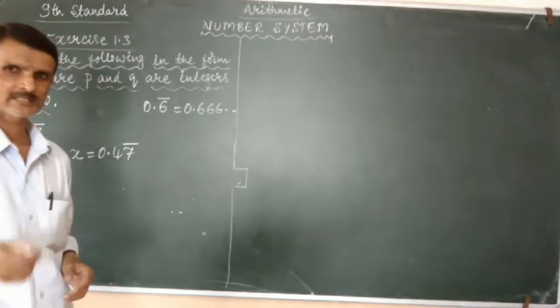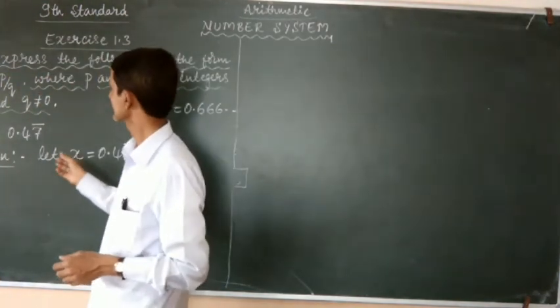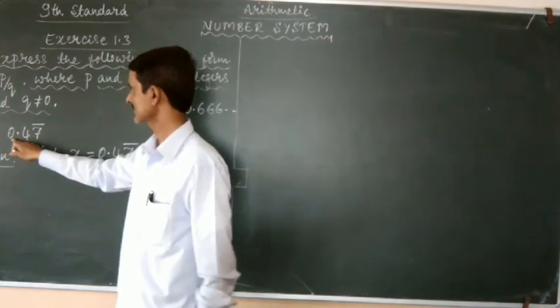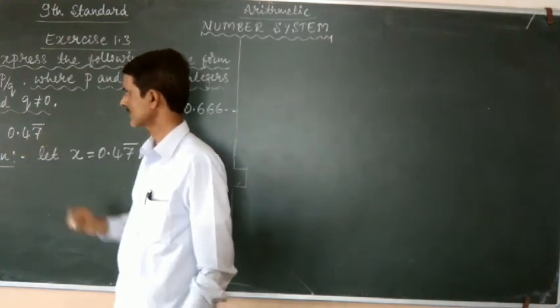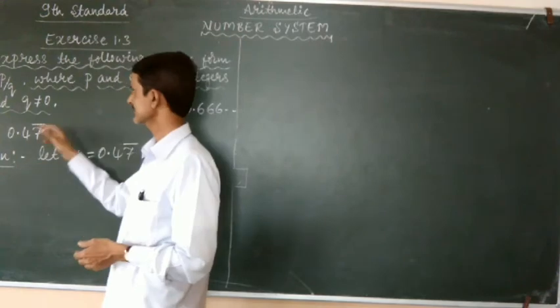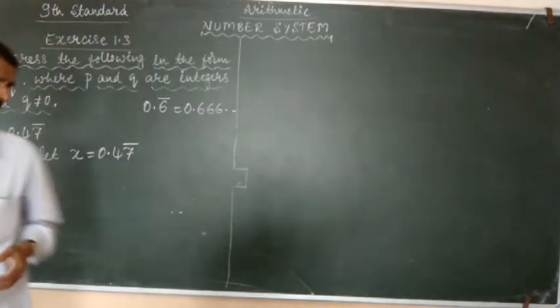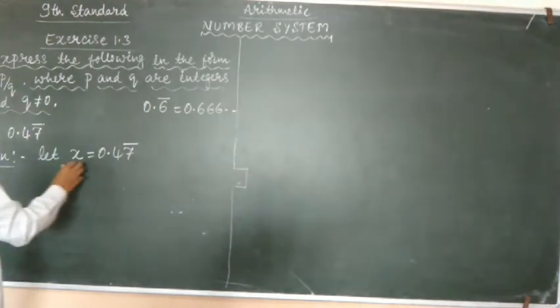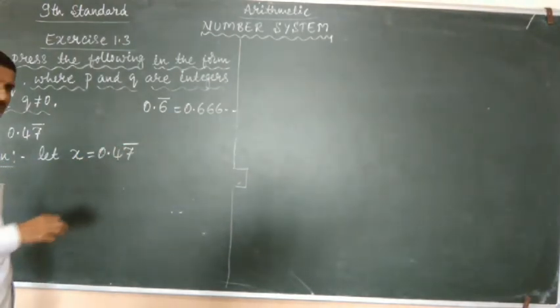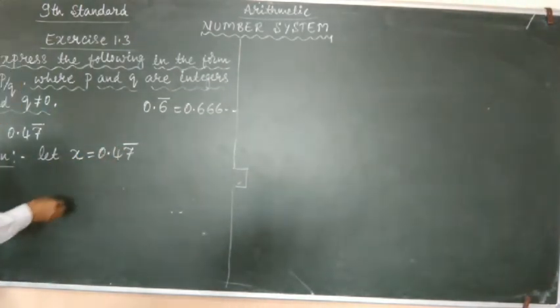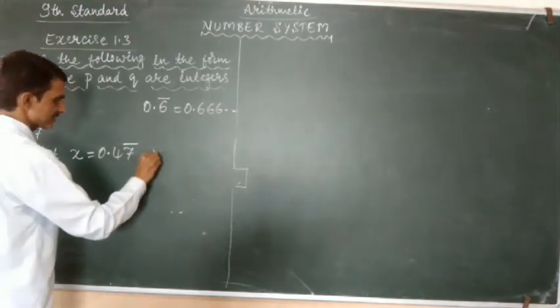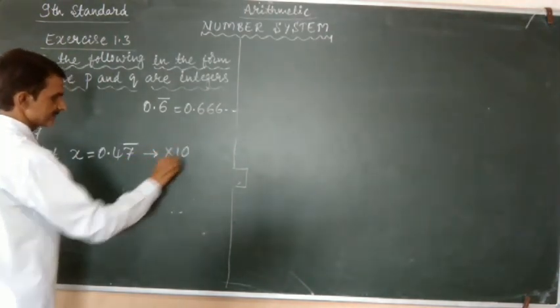Now students, we will see another problem. The second problem is 0.47 bar. That means here 7 is repeating. Let us take x equals 0.47 bar. So multiply this equation by 10.